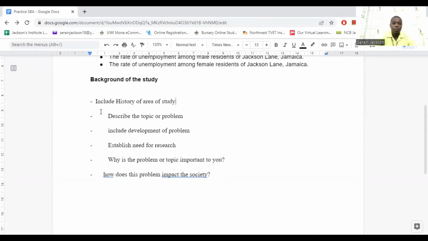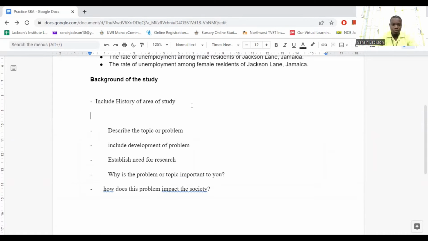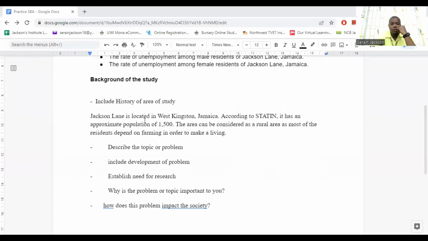The first thing you want to do is to include a history of the area of study. I know that you're going to study somewhere or you're going to study a business, so you're going to give a brief history. This is what I've come up with so far. It says Jackson Lane is located in West Kingston, Jamaica.